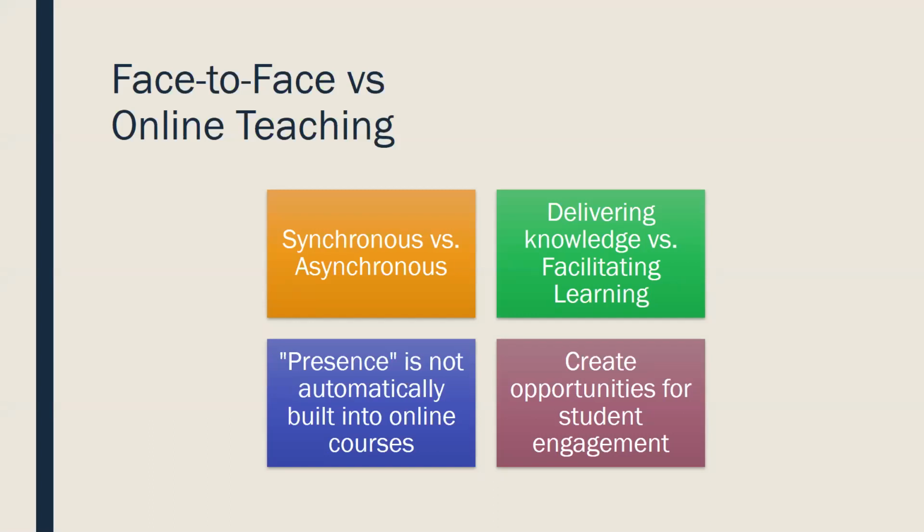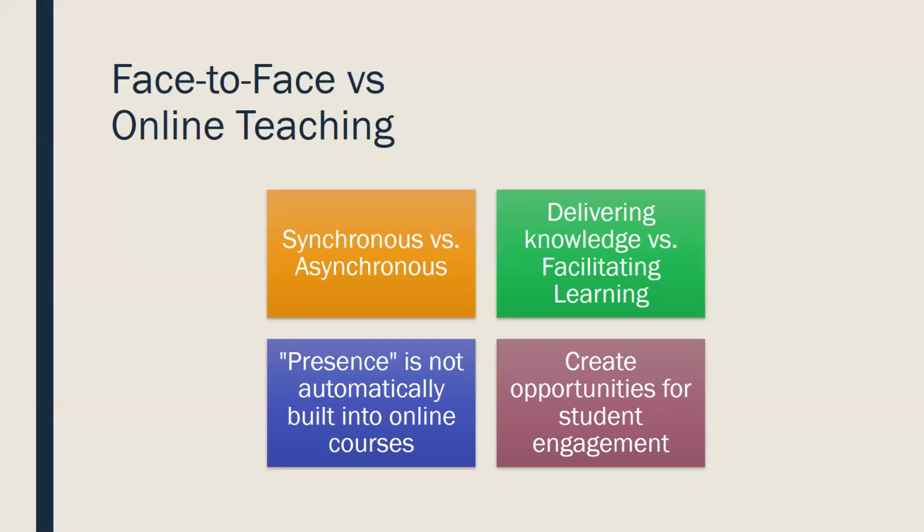Synchronous is any course activity that you and students are all participating in at the same time. In a face-to-face course, this is going to happen obviously when you are on campus and in the same room and interacting with each other. Online, this is going to be when everyone is together in Zoom like we are here today.